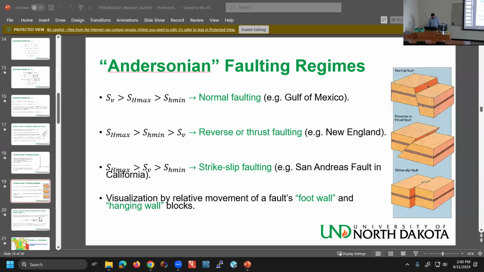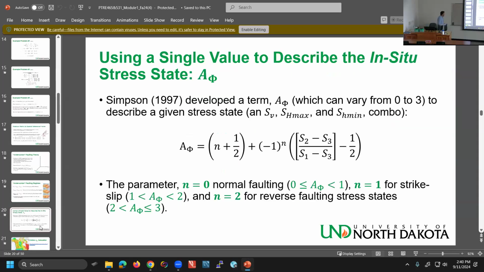Okay, and then we try to put everything into one number, and this is an equation by Simpson, 1997. It's not necessarily something that has a direct physical meaning, but it's very easy to basically collapse your stress state into one number. You give me one number, and I know what your stress state is.